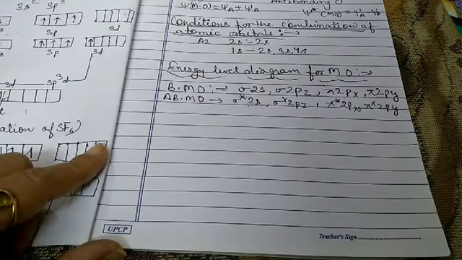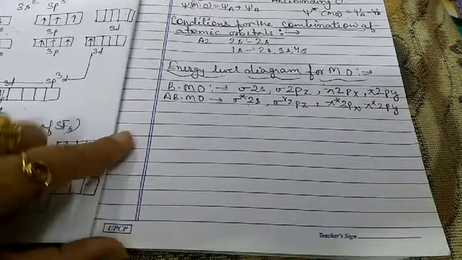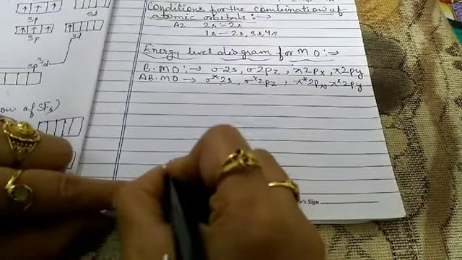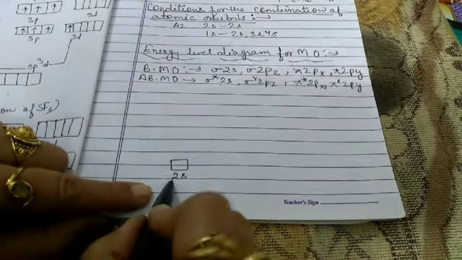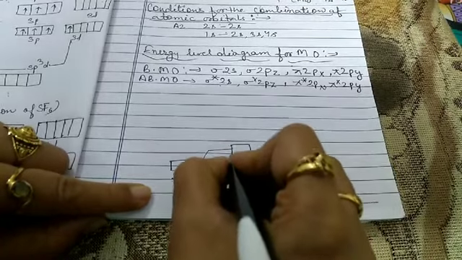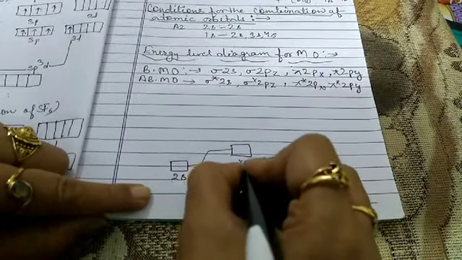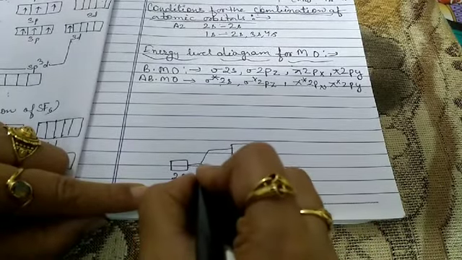Now if you want to make the molecular orbital energy level diagram, I'll show you how to make it. First of all, this is 2s, the atomic orbital. Now this one is the sigma anti-bonding 2s, this is the molecular orbital.